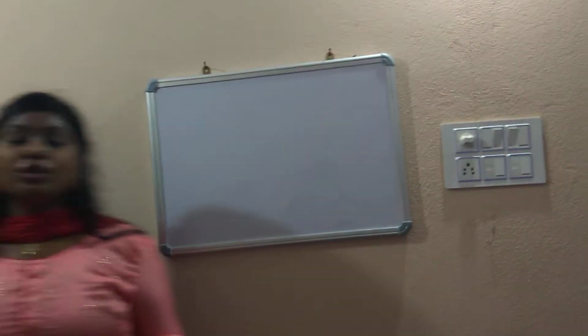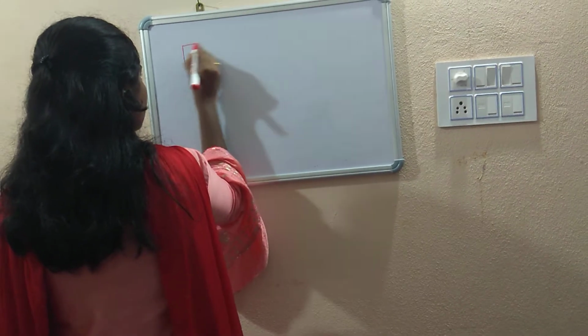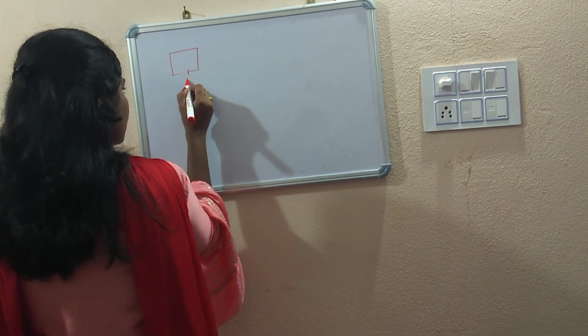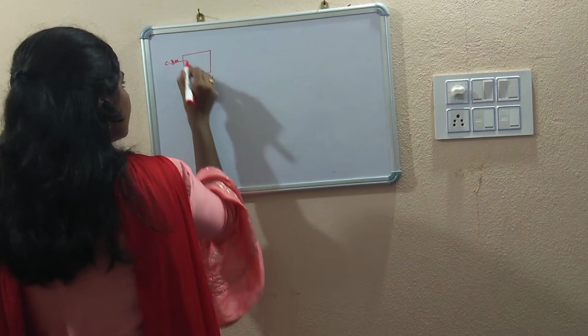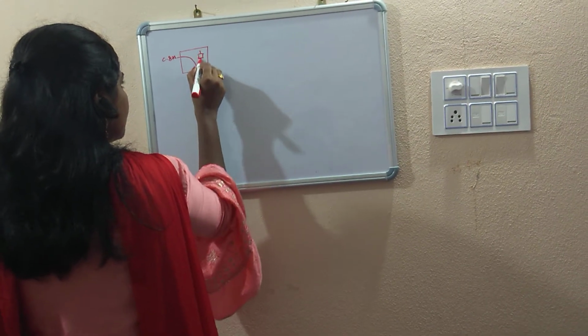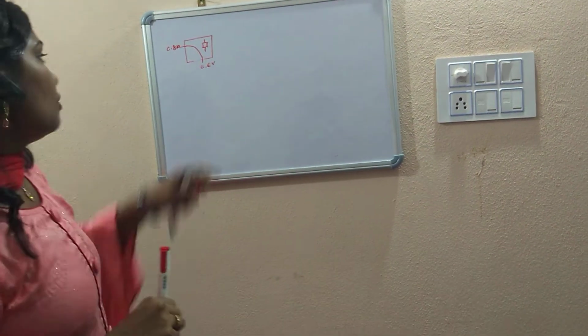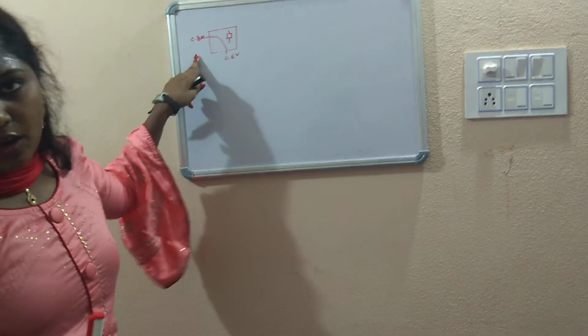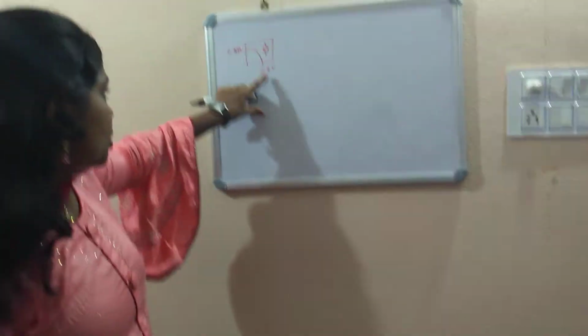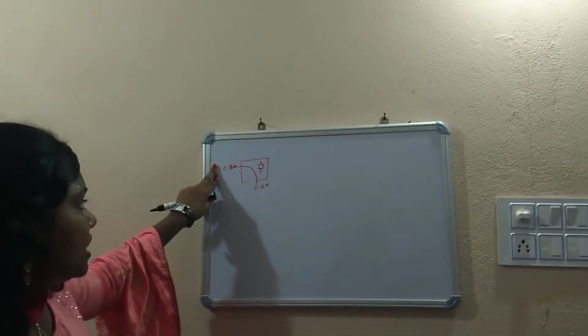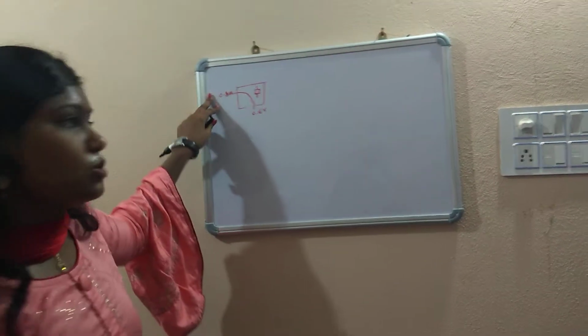Next, when we connect solar cells in series and parallel: for a single solar cell, voltage is along the x-axis and current along the y-axis. The open circuit voltage is 0.6 volts and the short circuit current is 0.8 amperes for a single solar cell.